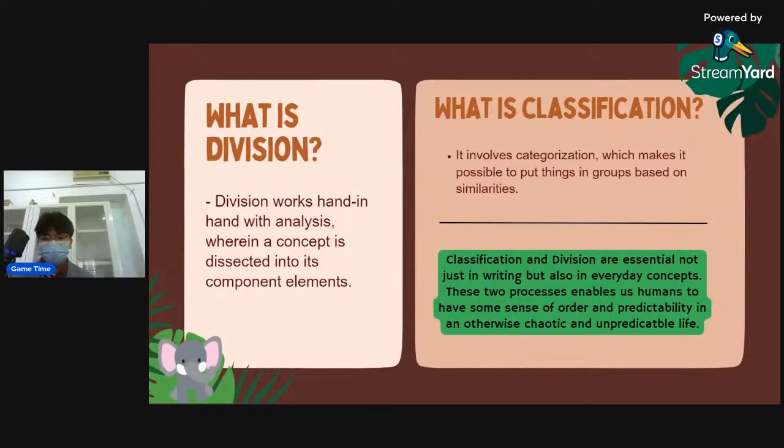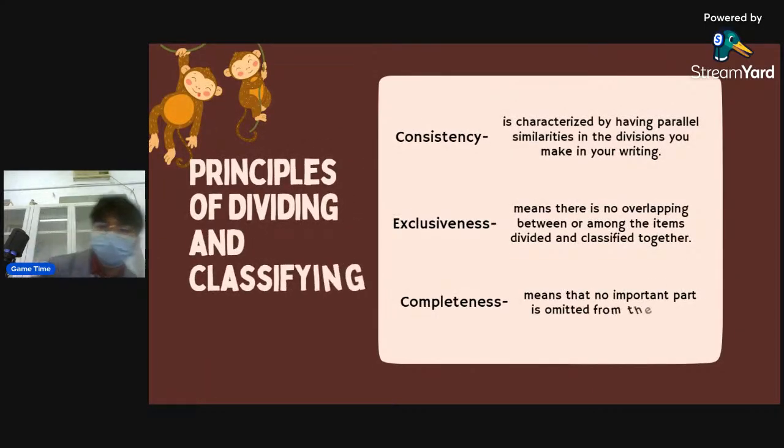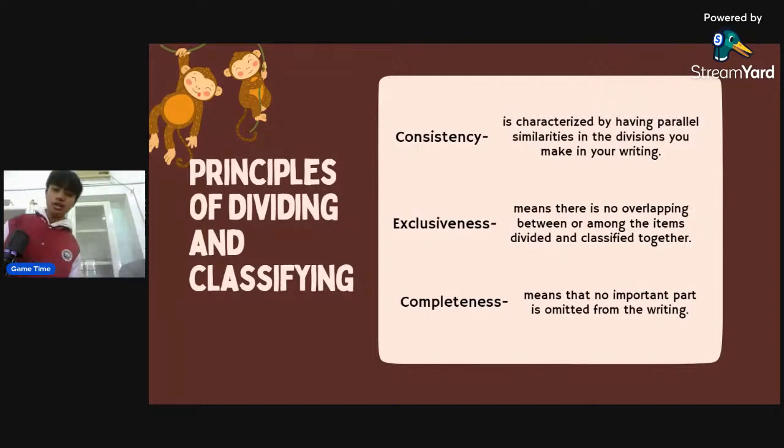Then we have the principles of dividing and classifying. Consistency is characterized by having parallel similarities in the divisions you make in your writing.